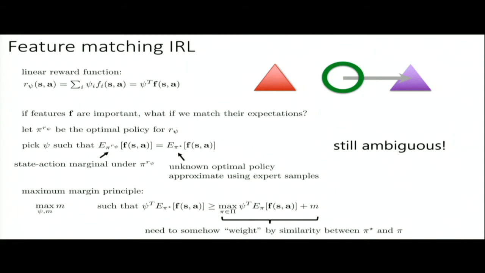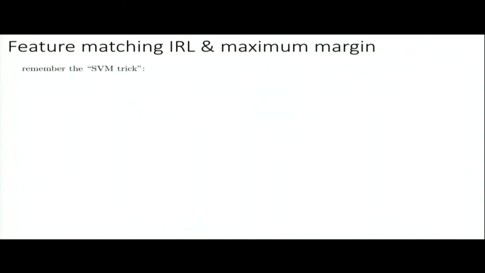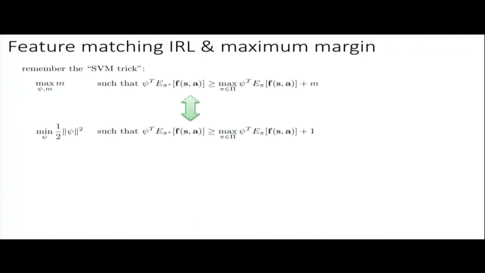So one of the ways that we can do this is we can recall the trick that we use in SVMs, where we rewrite the margin maximization problem as the problem of minimizing the squared magnitude of the weights, and then we replace the m here by 1. So this is the same exact thing that we do in an SVM. And now it's a lot easier to bring in this notion of similarity.